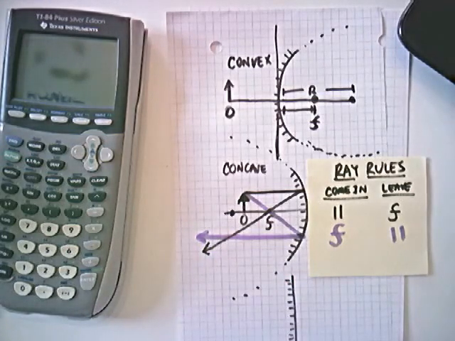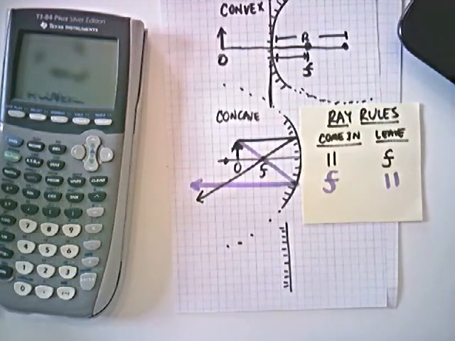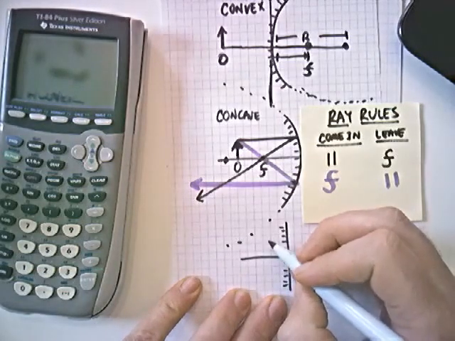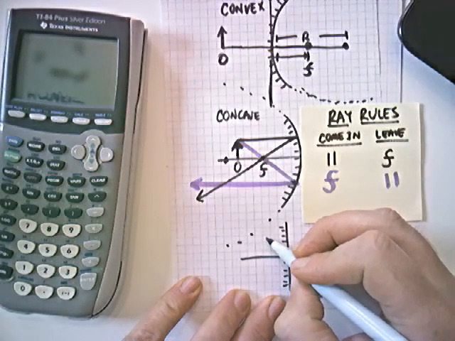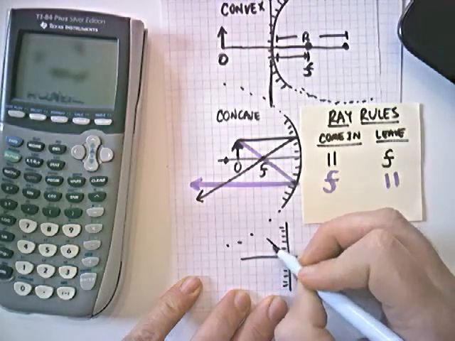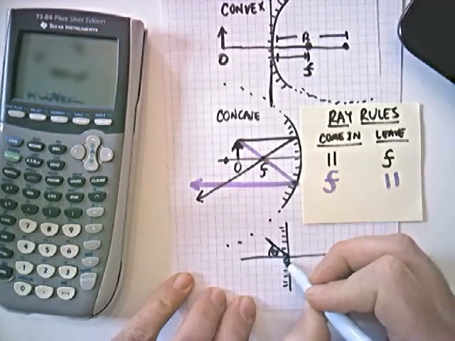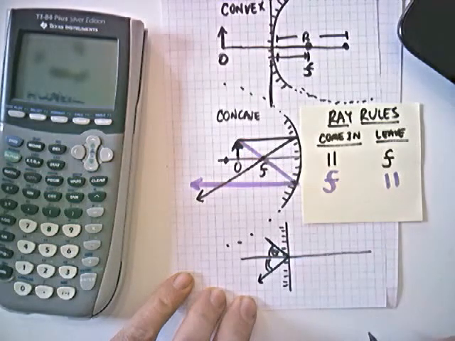Then our third ray rule goes back to the fact that we can predict how light will interact with a flat mirror. If we had a flat mirror, like the kind you look at in the morning, and you shine light at some angle theta, it hits the mirror and reflects off with an equal angle, also theta.